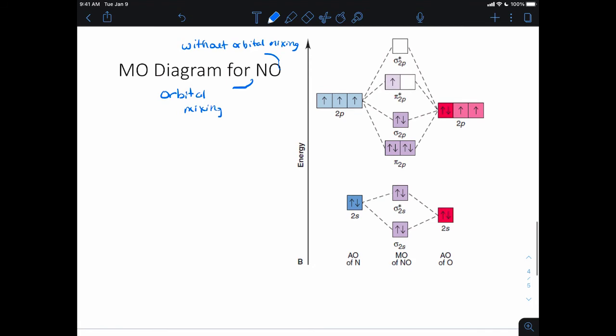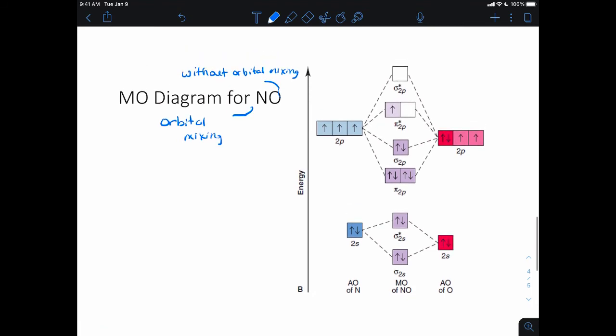The diagram I've got drawn here is the one with mixing, where the sigma 2s and the sigma 2s star get pushed down in energy, and then the sigma 2p and the sigma 2p star get pushed up in energy, and then those two right here reverse. So we're showing the picture with mixing right now. Other things to look at and notice: on the left, we've got nitrogen, on the right, we've got oxygen.